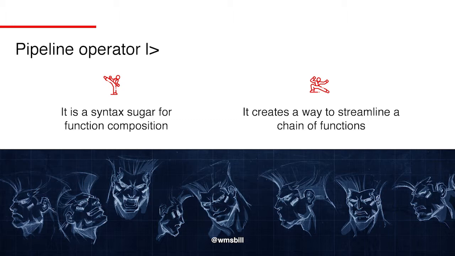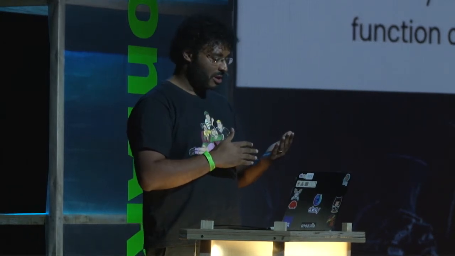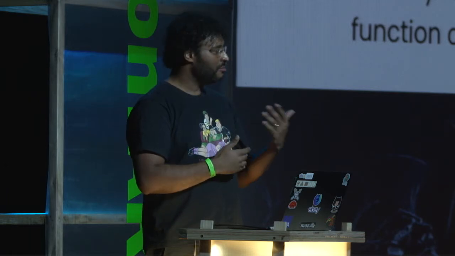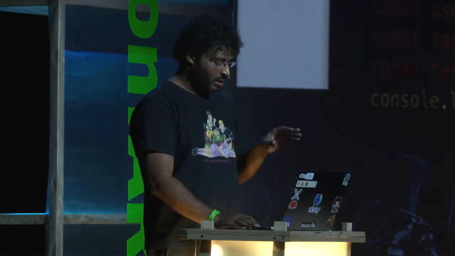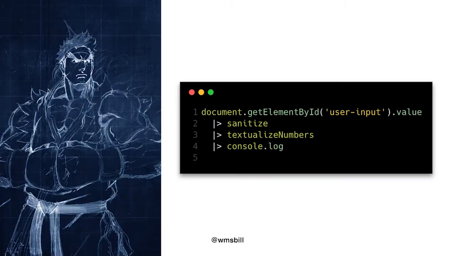It creates a way to streamline a chain of functions in a functional manner. It is backwards compatible and provides an alternative for extendability in prototypes. In our previous example, this snippet could be rewritten using the pipeline operator from this to this.